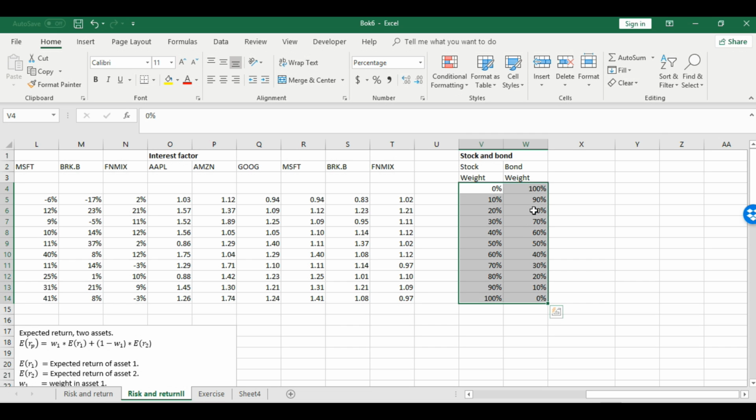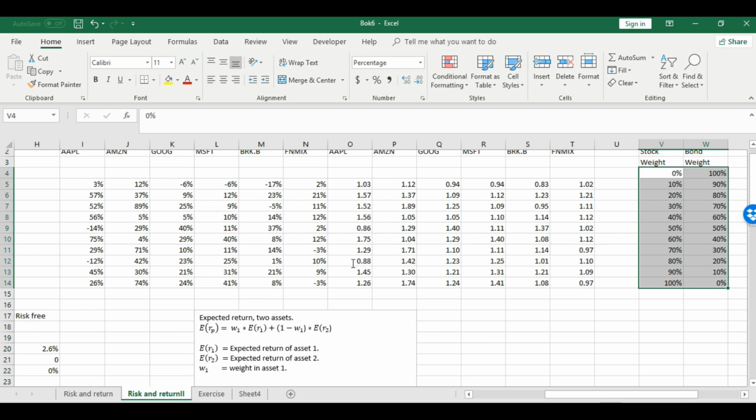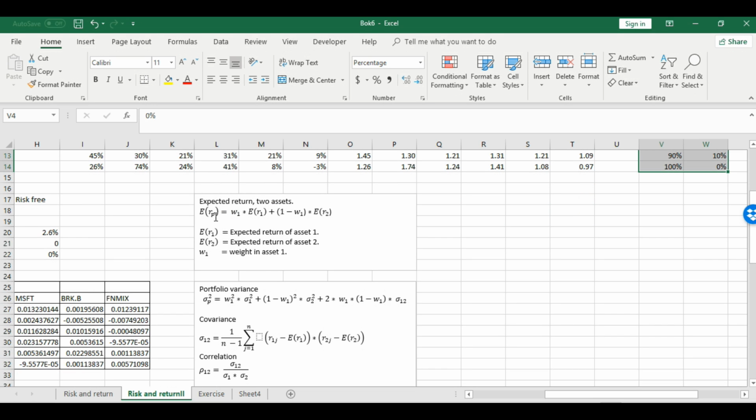For how to calculate the risk and return of a portfolio, you can check out one of the previous videos. Basically, we will use these formulas.